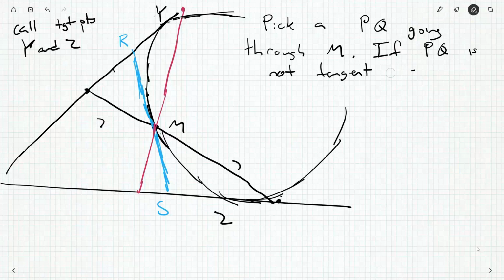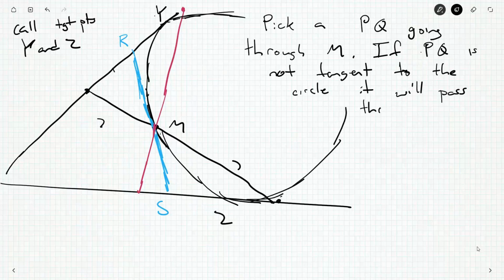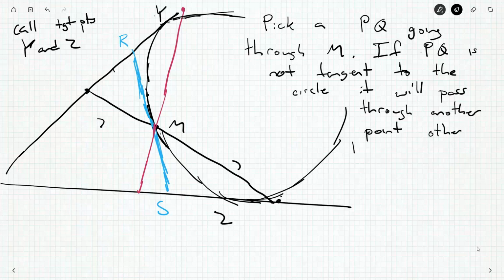So if PQ is not tangent to the circle, it will pass through another point other than M. Let's call that point N. So on our picture, N is up here.